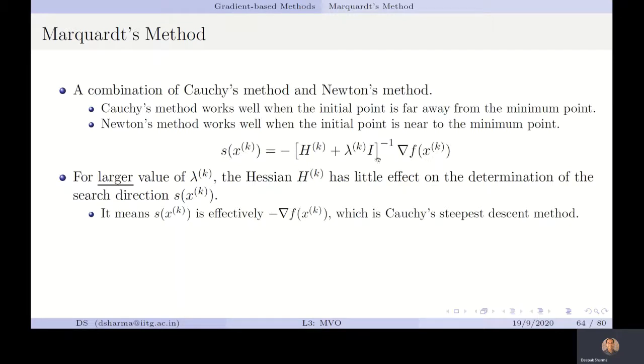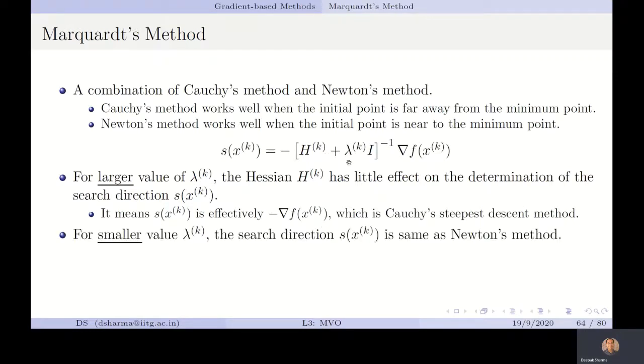And since it is going to be similar to the identity matrix, the direction Sk will become minus the gradient of the function, meaning the larger value of lambda makes the direction similar to the steepest descent direction, right? So here you can see that the Hessian has little effect on the determination of the direction. Therefore, our effective direction is similar to the steepest descent.